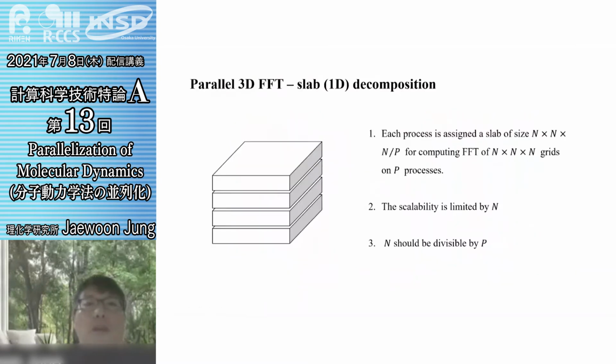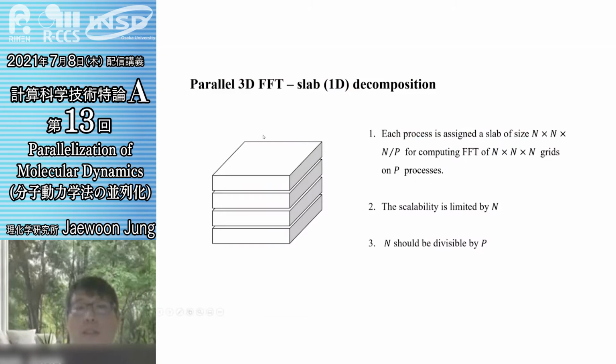And in FFT parallelization, there are three schemes. One is the simplest one, slab or one-dimensional decomposition. In this case, each process is assigned a slab of size n by n over p for computing FFT on n by n by n grids on p processors.